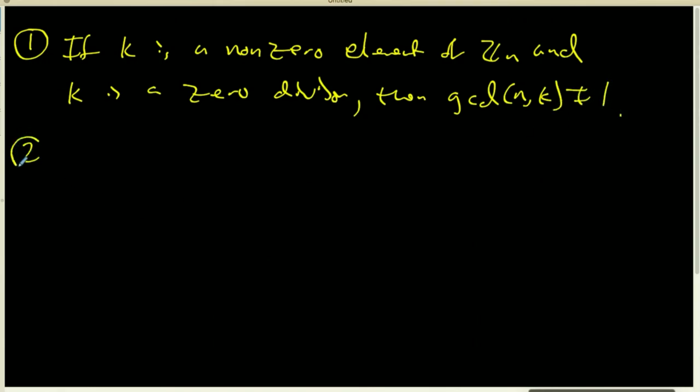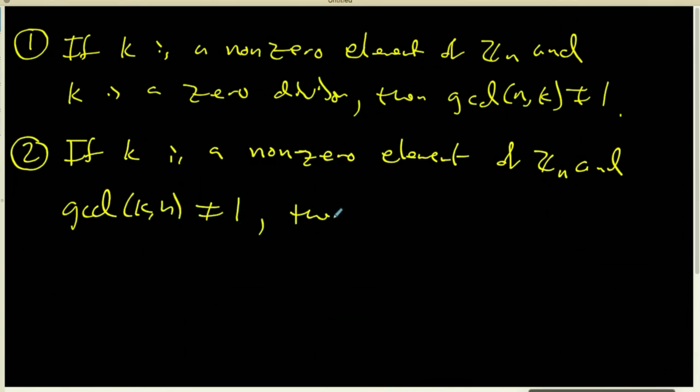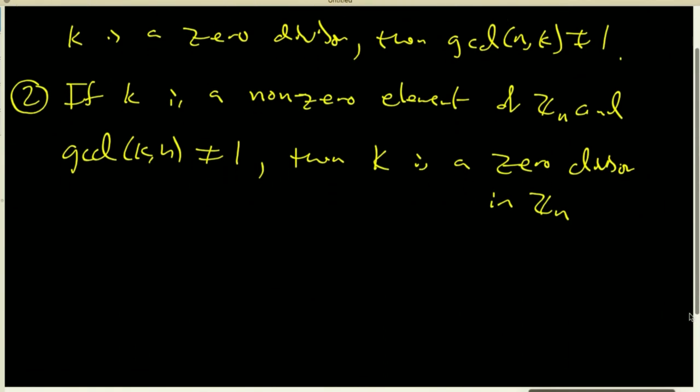The second thing that we've proven is that if k is a non-zero element of Zn and the GCD of k and n is not 1, then k is a 0 divisor inside the ring Zn.